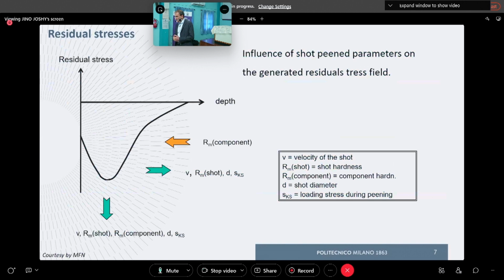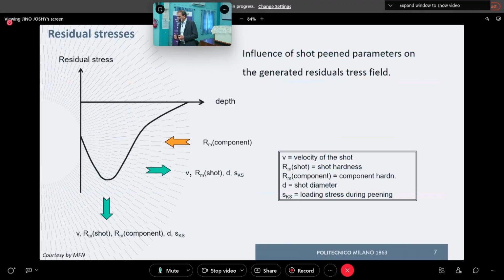I was forgetting that. What is loading stress during peening? Indeed, loading stress during peening is important if we are applying stress shot peening, that is, shot peening with the concomitant application of an external load. Otherwise, the SKS is null, of course, and is not a usual way to perform shot peening.